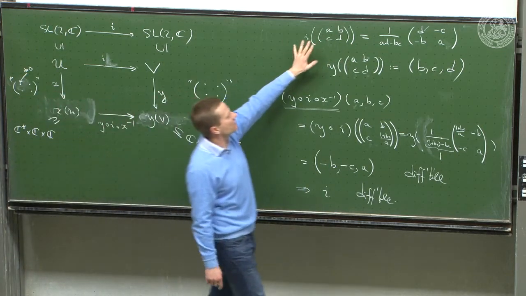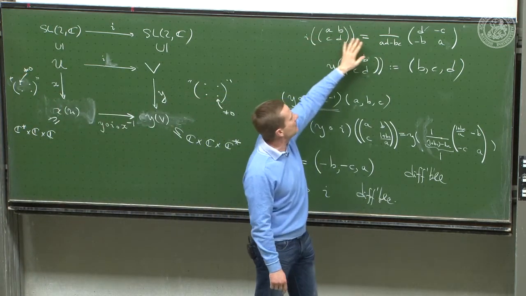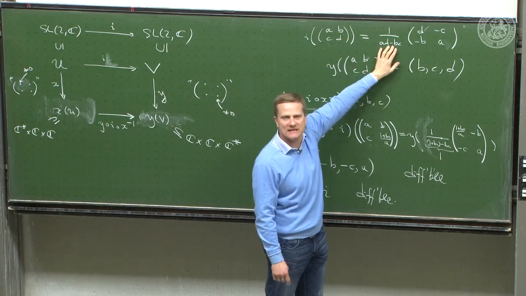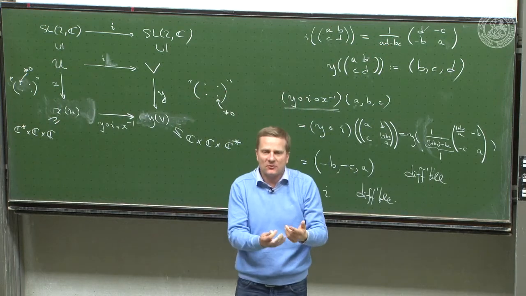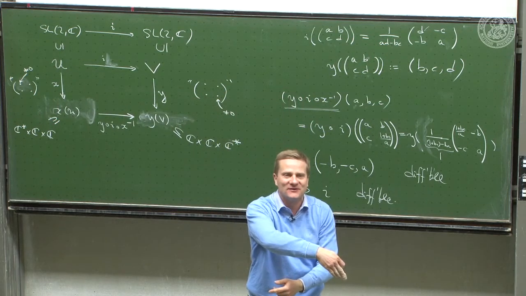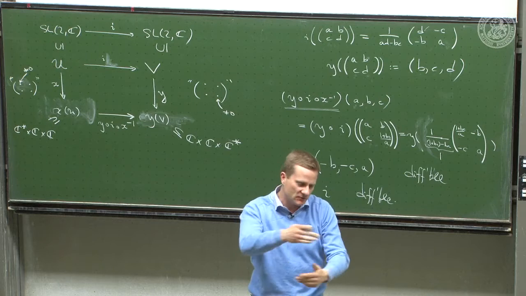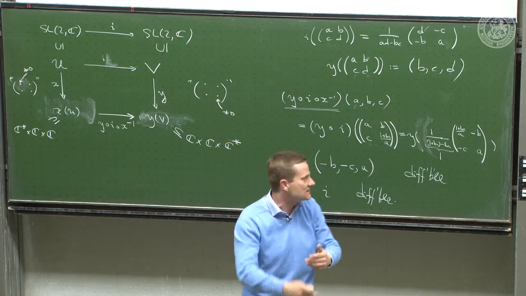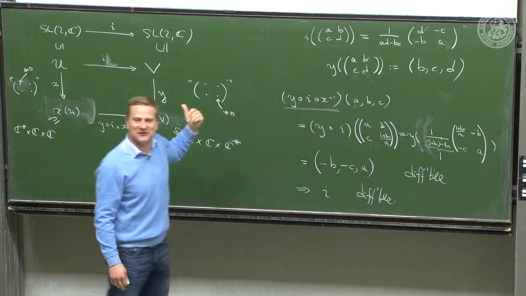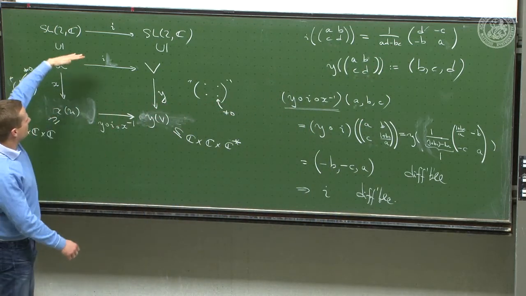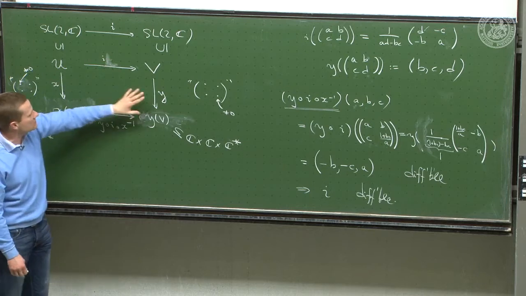So you can decide differentiability here, but then you always have to keep in mind this constraint that AD minus BC is 1. Well, how do you mix that with your question about whether it's differentiable or not? Well, you have to distinguish between various cases when this is 0 and that is 0. Yeah, but that's exactly the chart construction. Okay, so you need to push the problem down with these charts.